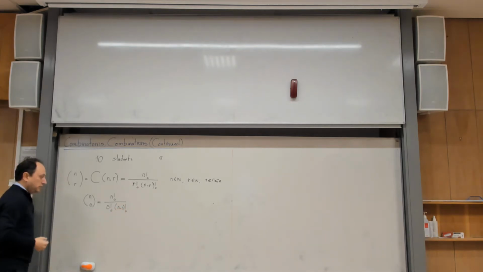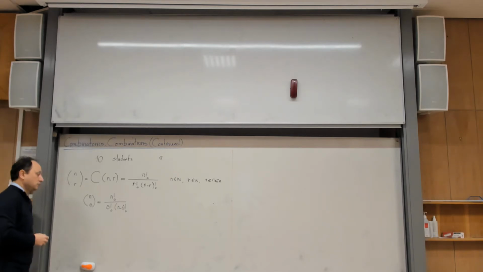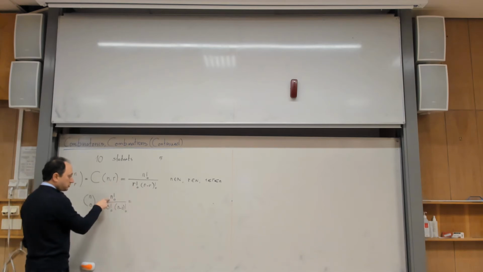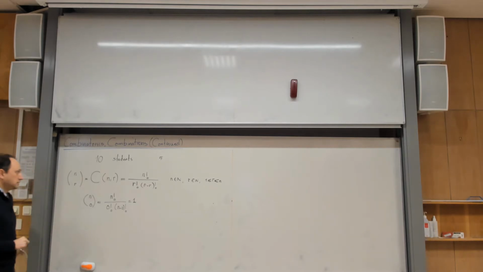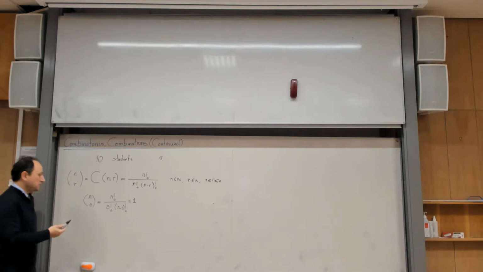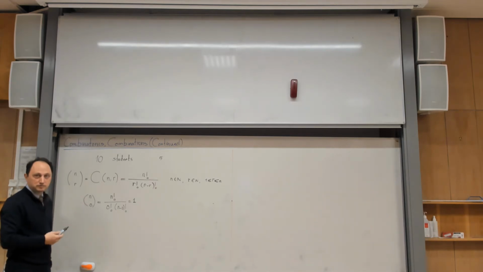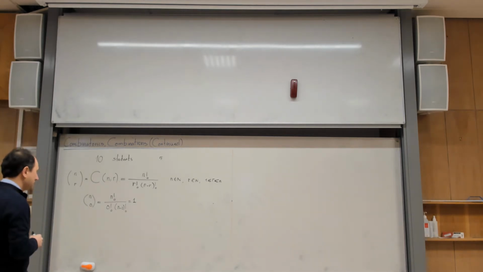But 0 factorial by convention is 1, and that's also a good reason why 0 factorial is a good convention to be chosen to be 1. So this is n factorial and that's also n factorial, so it becomes 1. Of course, the interpretation depends on your taste. We can say I have n students, in how many ways can I choose none of them? We can say that is also one way. You just ignore them, yes?